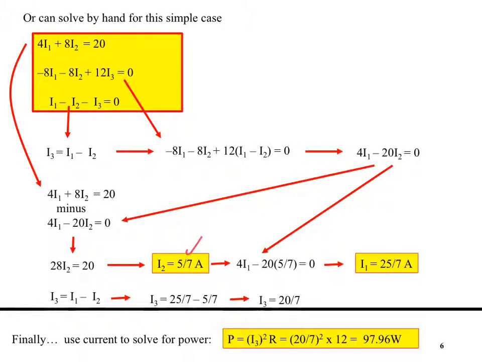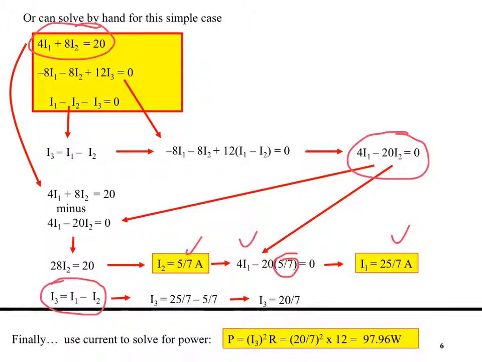Now I can go back to my original equation and substitute in that value of I2, and now I have something that is just in terms of I1 alone, so I can solve for I1, and I find out that it's 25/7 amps. Then I go back to I3, which is just the difference between I1 and I2. I now know I1 and I2, so I can subtract those, and I get that I3 is equal to 20/7.